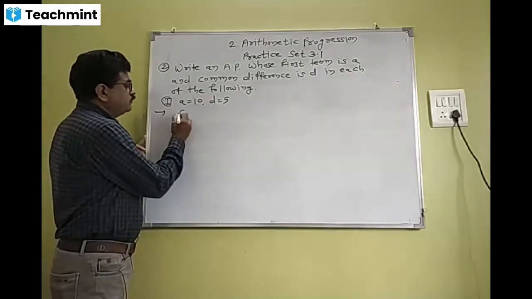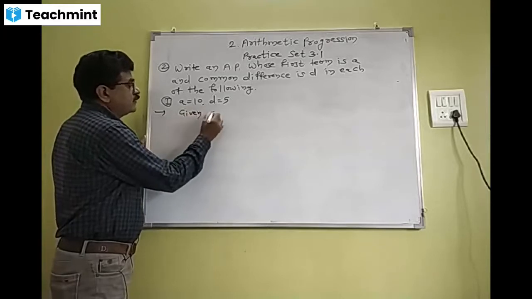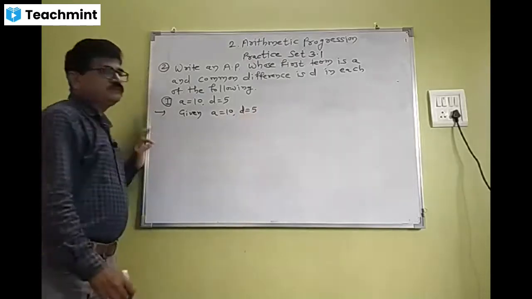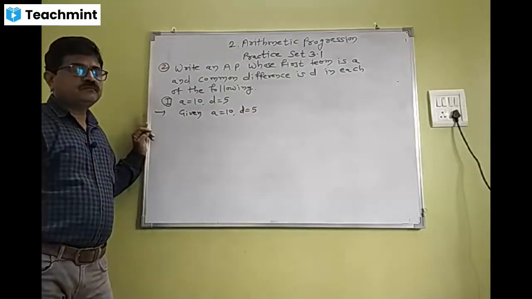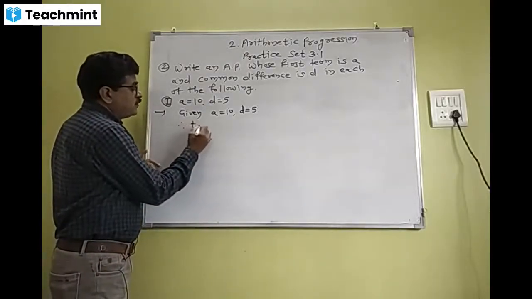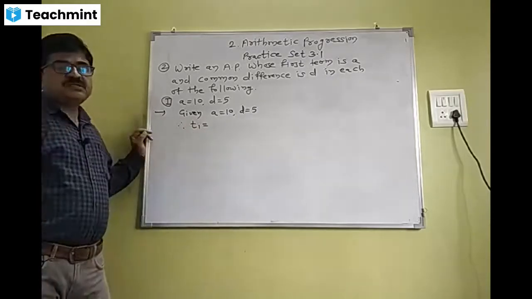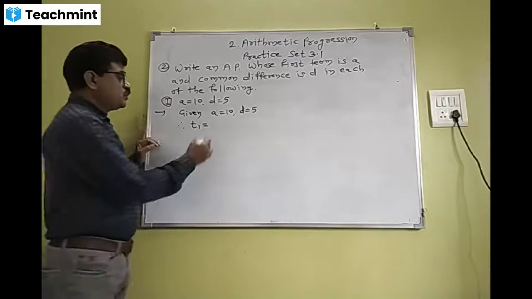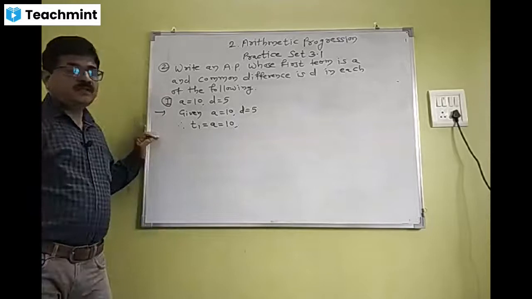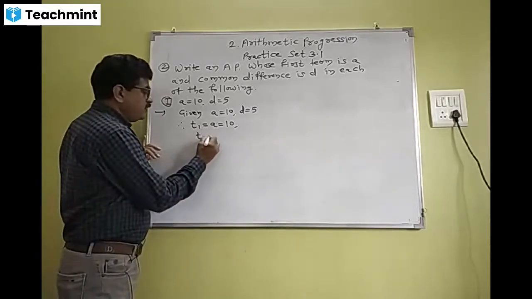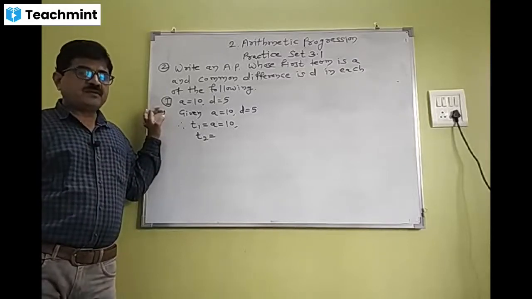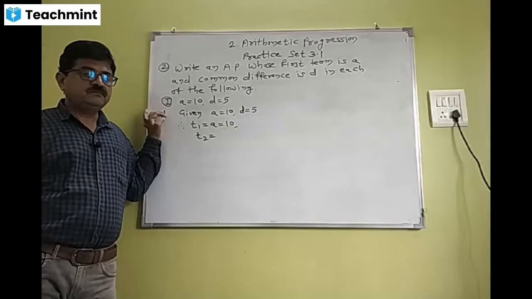Write down given: A is equal to 10, D is equal to 5. Therefore, first term T1 is equal to, now first term is denoted by T1 and also A is equal to 10. Second term T2 is equal to, आपण पाहिलेलं आहे, D च्या फॉर्म मध्ये कसं लिहिता येईल सेकंड टर्म सांगा बरं. 10 plus 5.